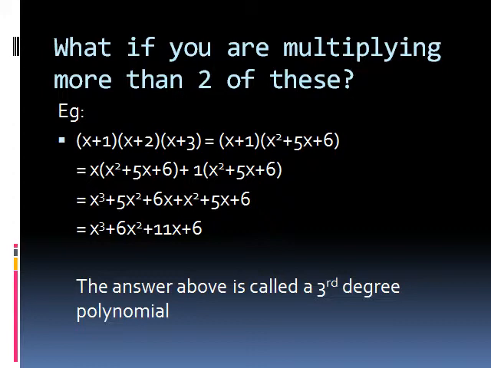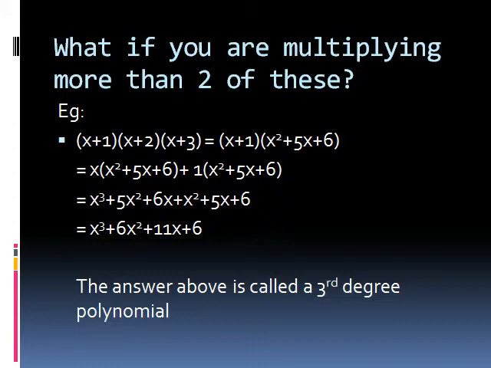If you multiply those two using the distribution rule or the binomial rule, you'll have x squared plus 5x plus 6. And then you would have it multiplied by x plus 1. So if we use the distribution rule, we could rewrite this as x times x squared plus 5x plus 6 plus 1 times x squared plus 5x plus 6.